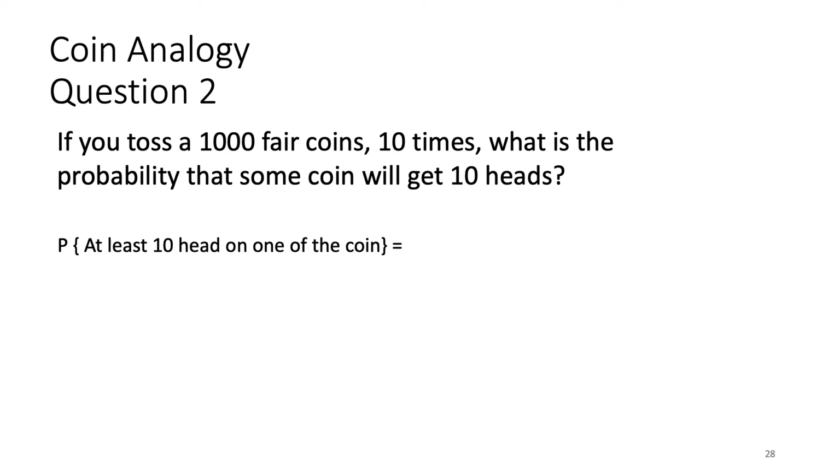So now we have 1,000 fair coins, and we toss them all 10 times. In order to compute the probability of at least 10 heads on one of the coins, it's going to be equal to 1 minus the probability that each of those 1,000 coins comes up tail at least once, the complementary side of the problem, the duality of the problem.